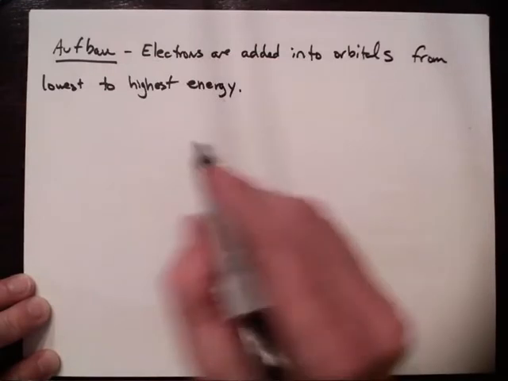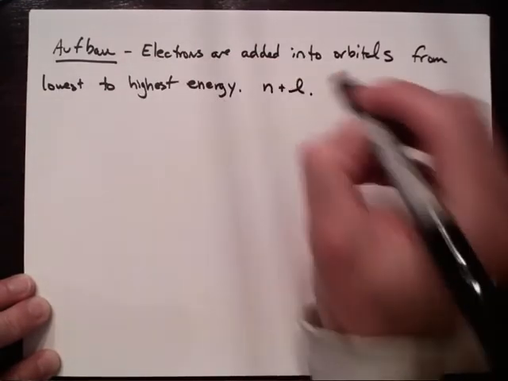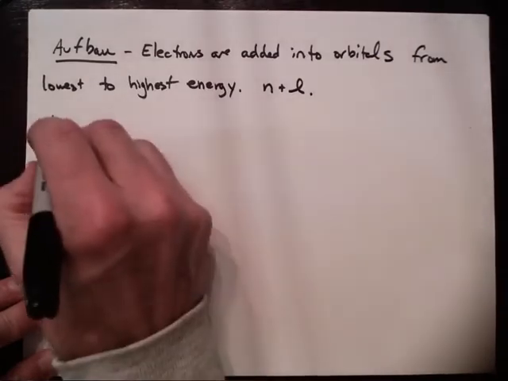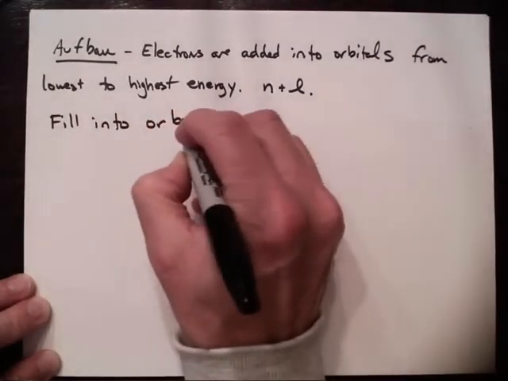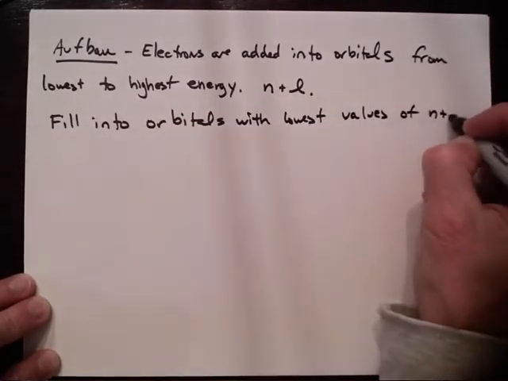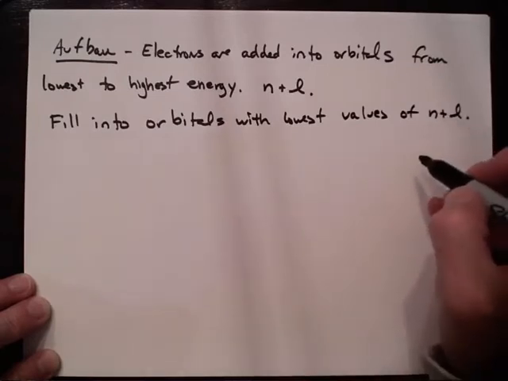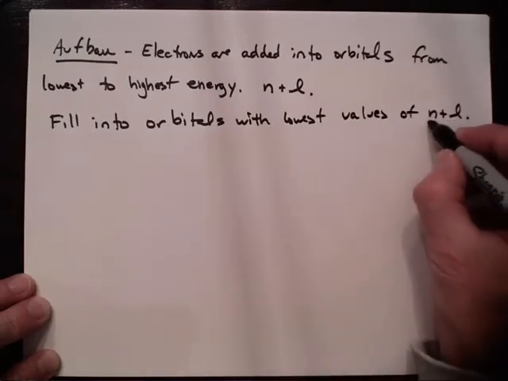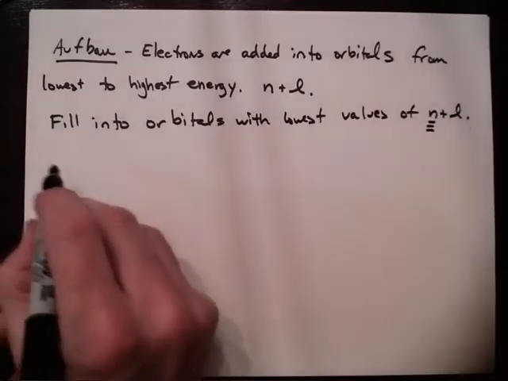And we find the energies depend upon both N and L. So what happens is you fill the electrons into orbitals with the lowest values of N plus L. If there's a tie, then you're going to put it into the orbital with the lower value of N first. So let's do a couple examples just to see what I'm talking about here.